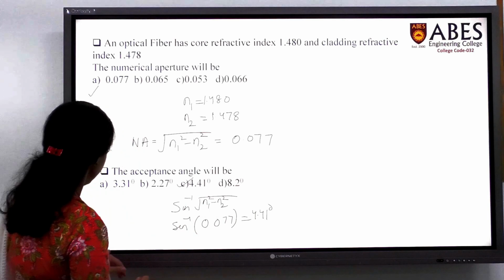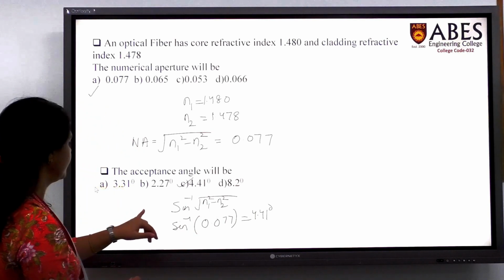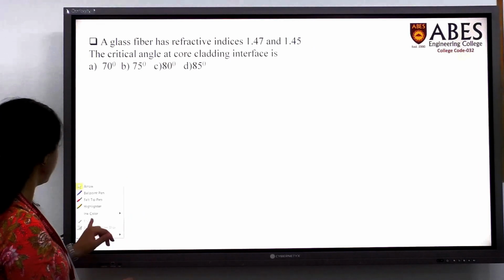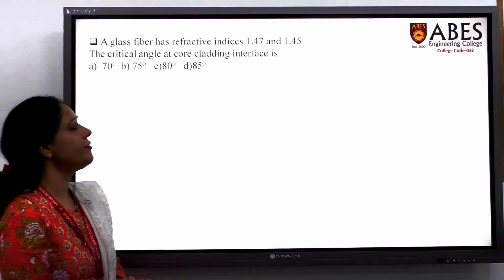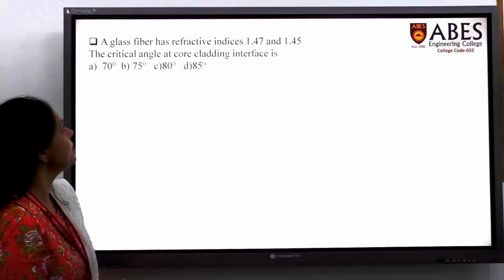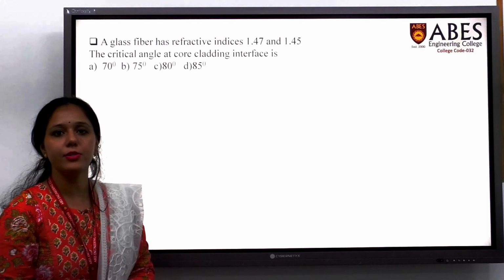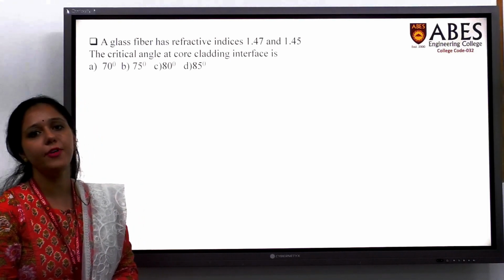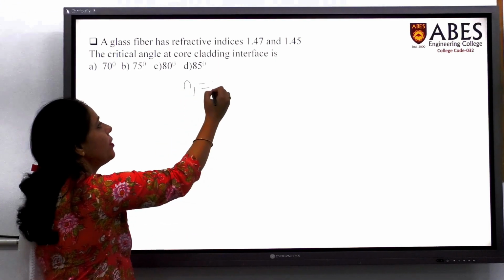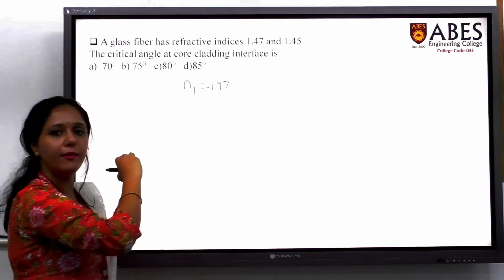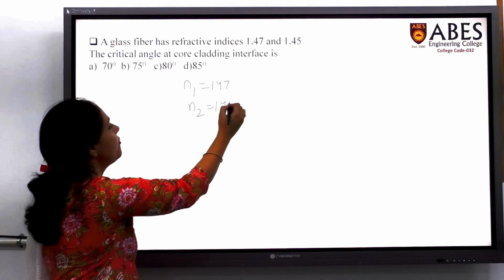Coming to the next problem, the last question for today. An optical fiber has refractive indices of 1.47 and 1.45. Again, n1 and n2 are not given to you, but we can easily figure out that n1 will be 1.47, the core refractive index, and the cladding refractive index is 1.45.